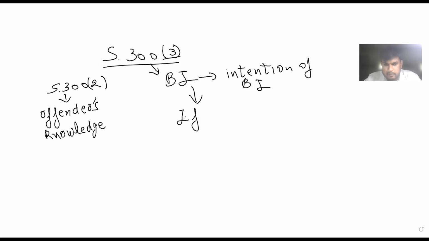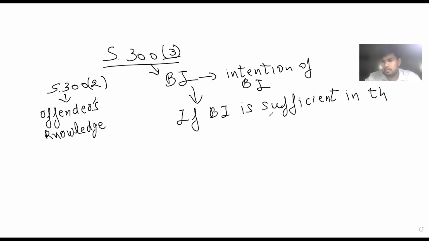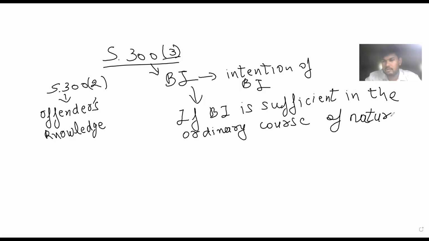In 303 they are talking about if bodily injury is sufficient in the ordinary course of nature to cause death. Okay, in the ordinary course of nature to cause death.